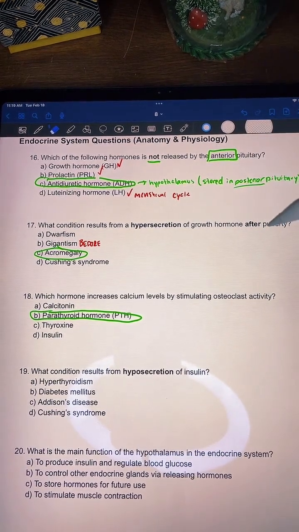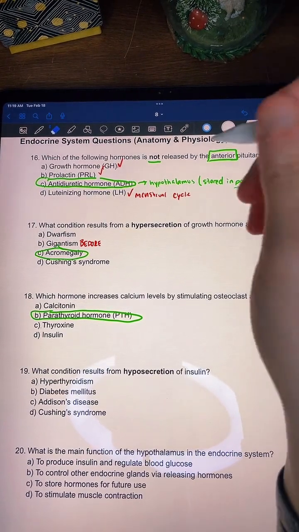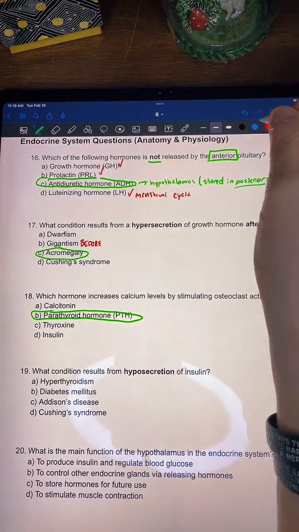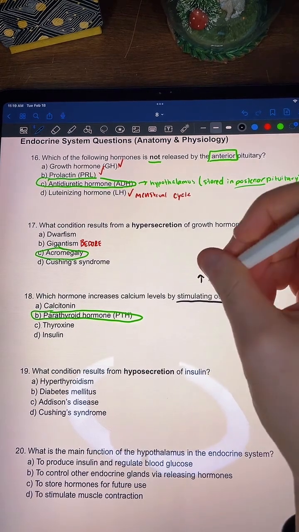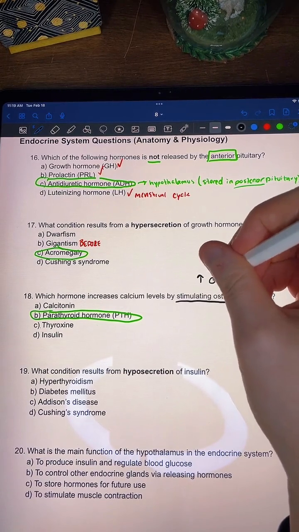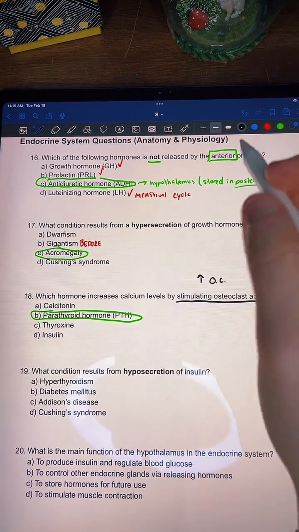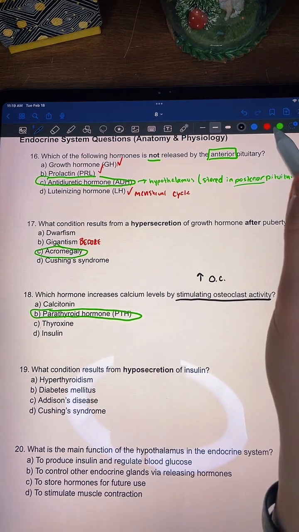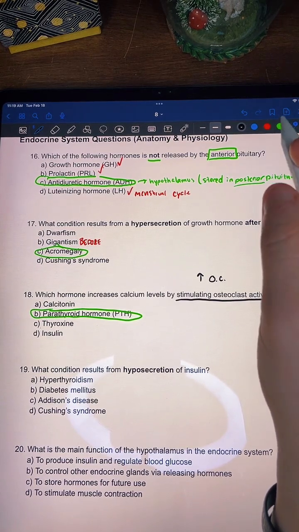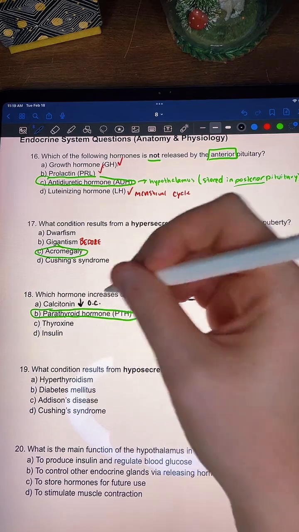So the question here talks about stimulating osteoclast activity. So we are increasing, I'll just put OC. Calcitonin is a hormone that is produced by the thyroid gland, but it inhibits osteoclast activity.